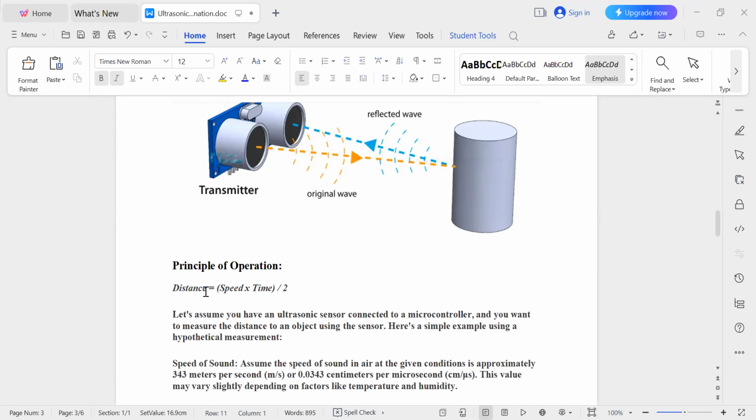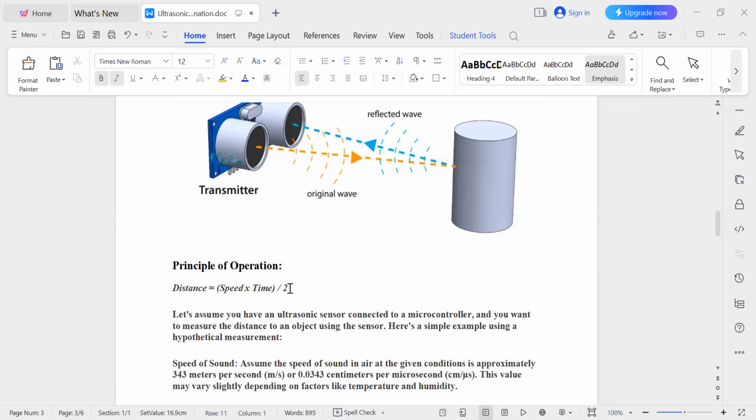We know that velocity is equal to distance by time. So distance is equal to velocity into time. Here the velocity is the speed, multiplied by time, and it is divided by 2.